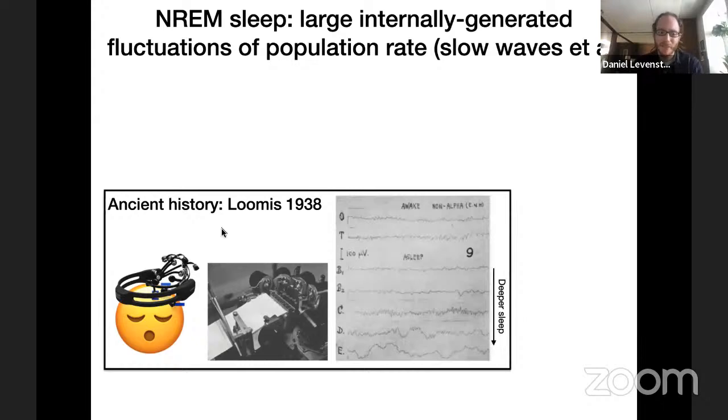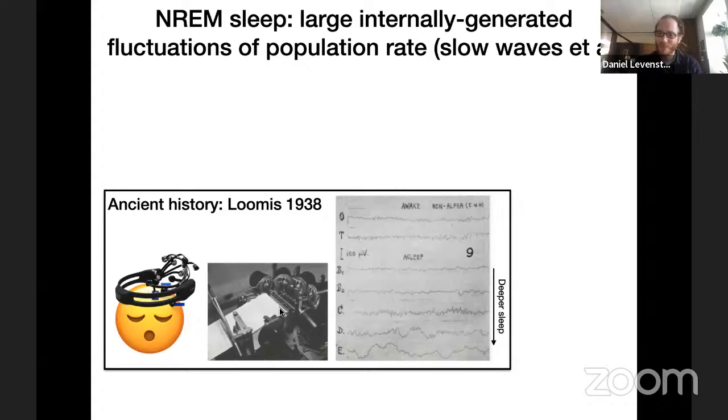Basically, one of the earliest observations in neuroscience is that the brain does the most interesting stuff while you're asleep, right? This goes back to the 1930s, when Alfred Loomis would have his friends wear his new fancy EEG set when they took naps at his house.